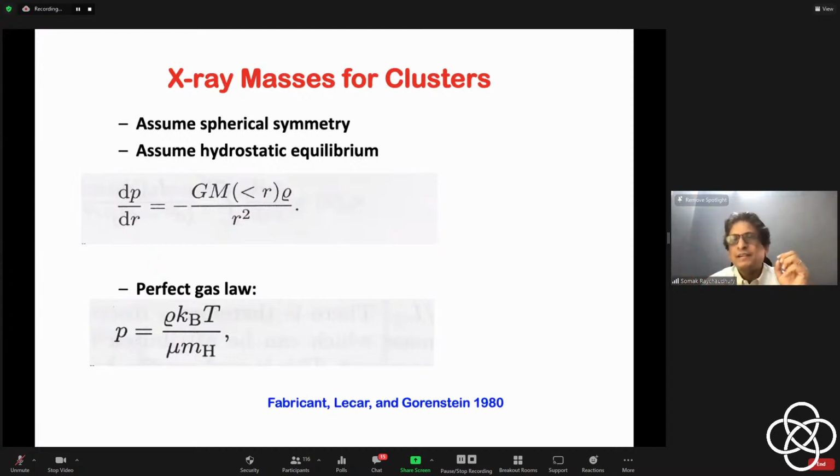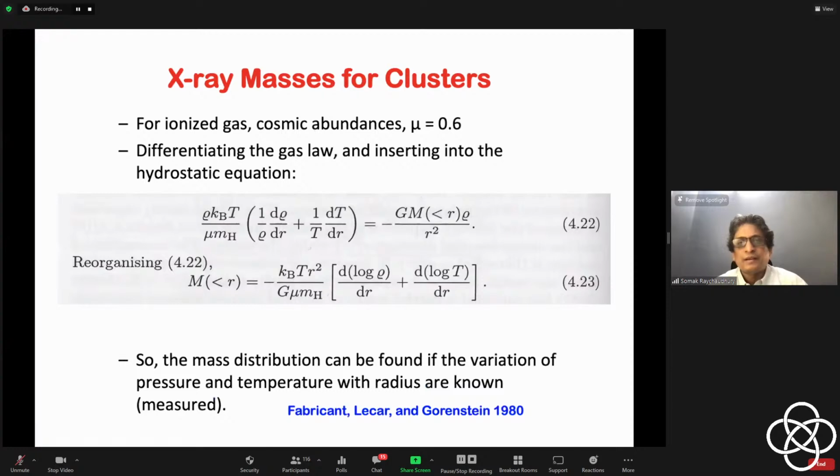You use the ideal gas law and think about this spherically symmetric hot gas in hydrostatic equilibrium, and then you put in equations to do with thermal Bremsstrahlung, which is what is causing the hot gas. These are the basic equations that are used. You can get the mass of the cluster.